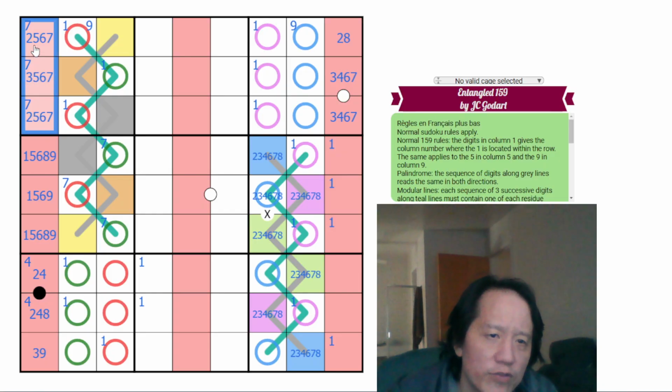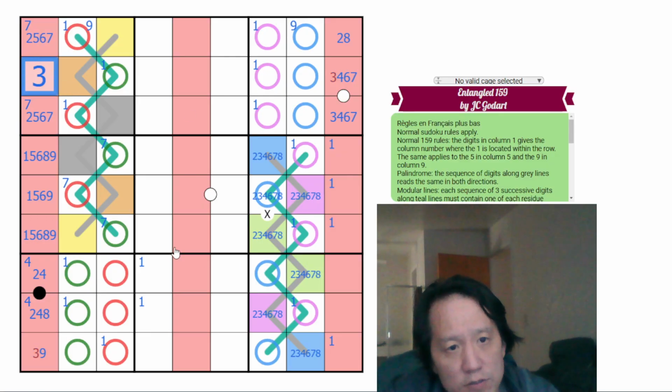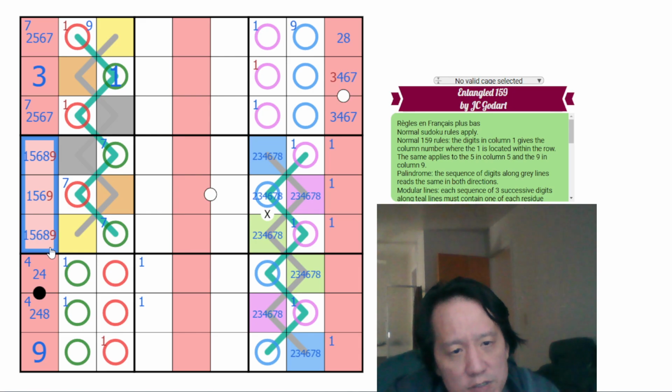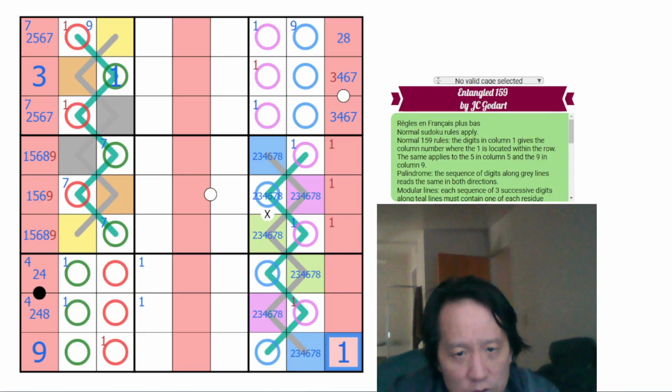Can this ever be 3? If this is 3, we have a 5 and a 7 there, right? So say this was 3, this was 1. This would have to be 9. This is 5 and 7, which means this is 1, 6, 8. So this is 2, 4. So this is 9, which means this is 1.